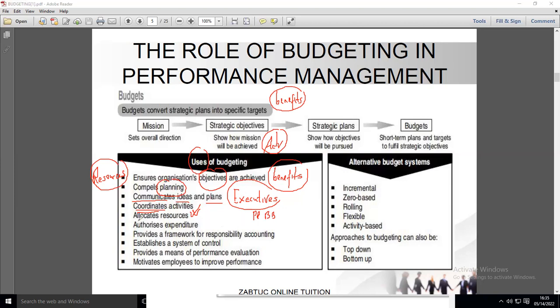What comes out is the efficient usage of resources. So the tool that we can use to ensure that resources are used effectively and efficiently is the budget. It authorizes expenditure. Every expenditure should be authorized, and an approved budget is a list of approved expenses.